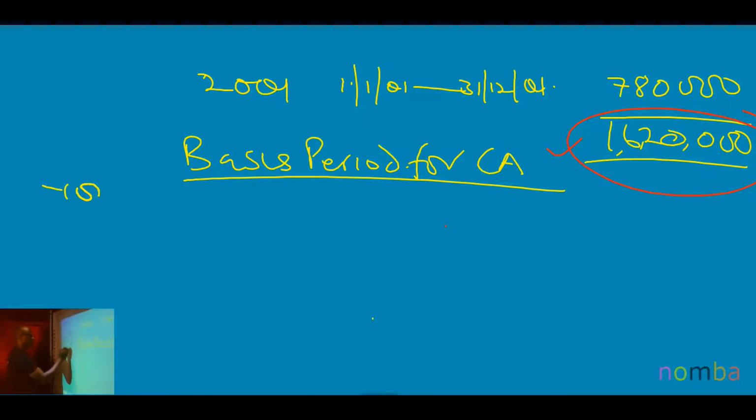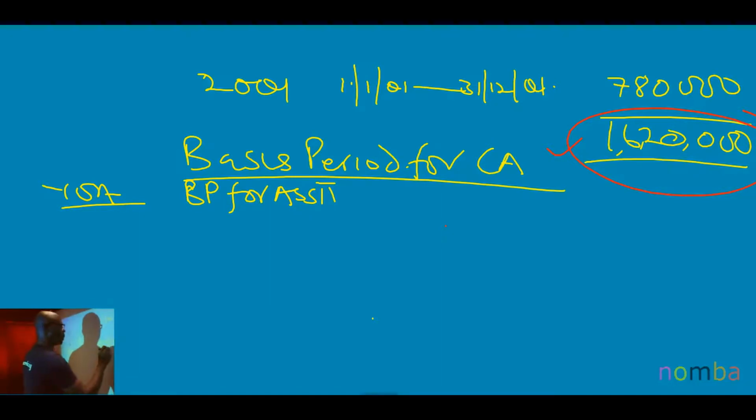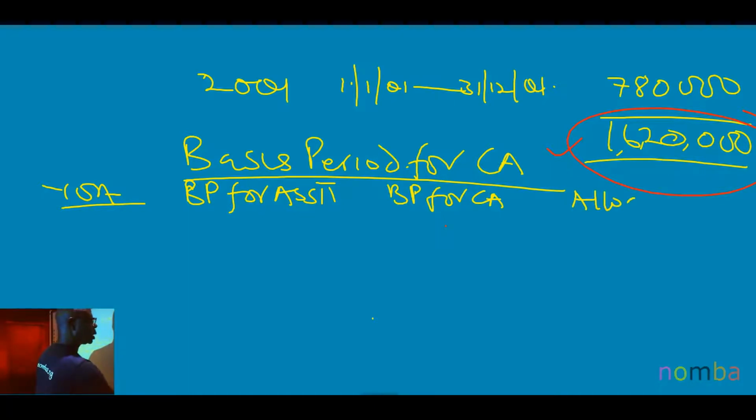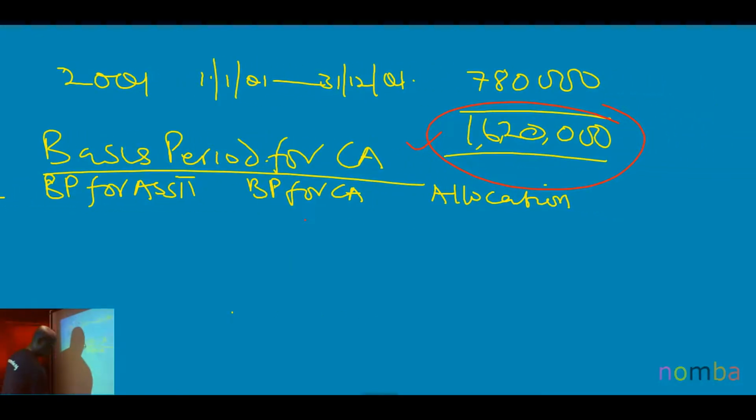We'll set it out like this: YOA, basis period for assessable profit, that's the one we have there, basis period for CA, and then we will have our allocation, and the value in naira.